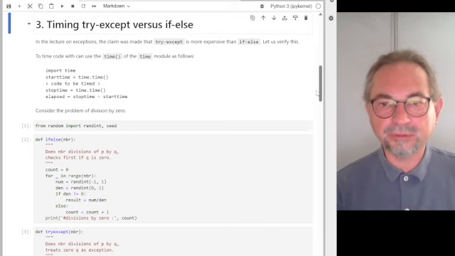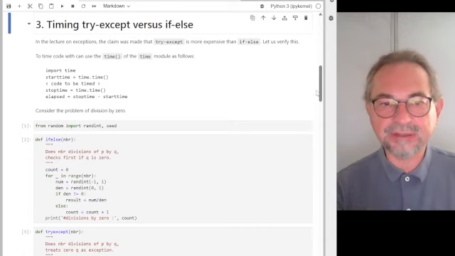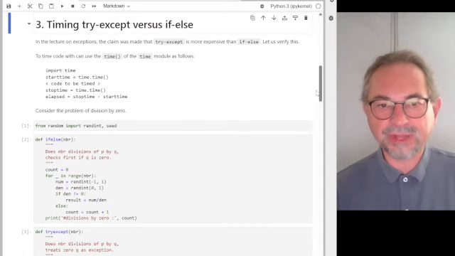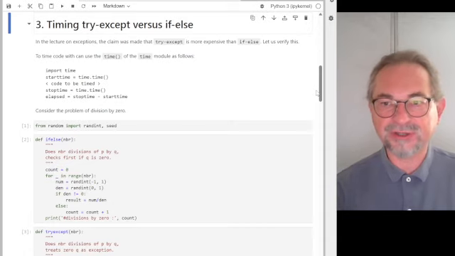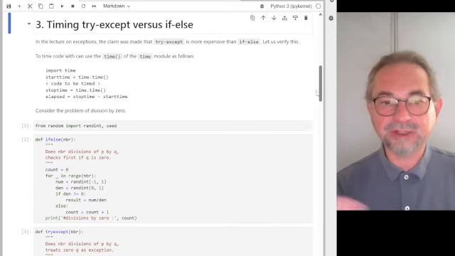What I will do here is run two functions. The functions will generate a sequence of numbers, essentially 0 or 1 for the denominator. So in about half of the cases, I will actually divide by 0.